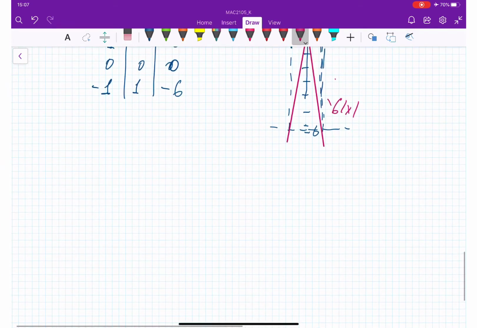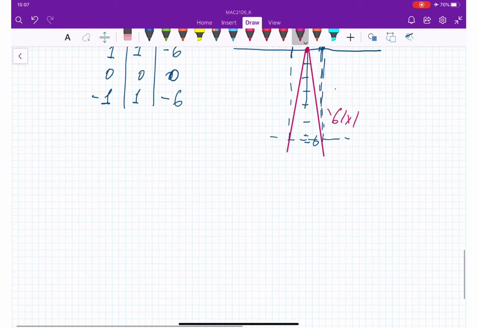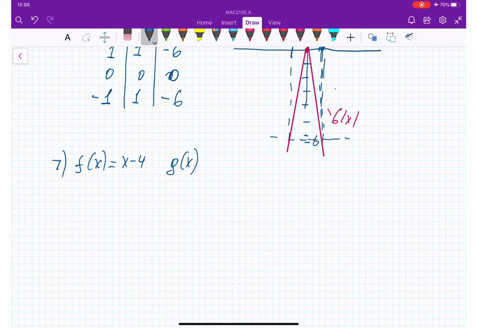Moving to question number 7. Now here we will start doing different operations. So we have f of x is equal to x minus 4, and we have g of x equal to x squared minus x.